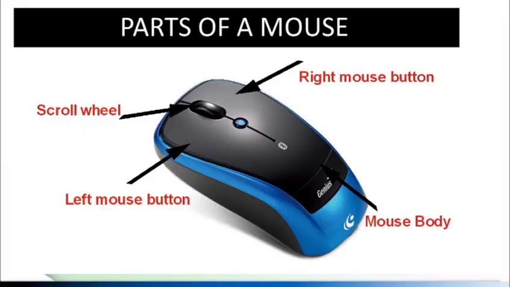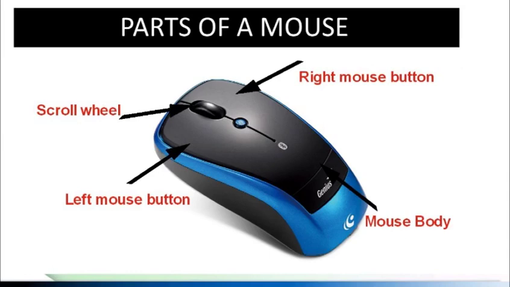We also discussed the main parts of a computer mouse. The common parts of a computer mouse include the scroll wheel, which is the round ball found in between the 2 buttons. We studied that the button found at the left side of the scroll wheel is called the left mouse button, and another name for the left mouse button is the primary button.